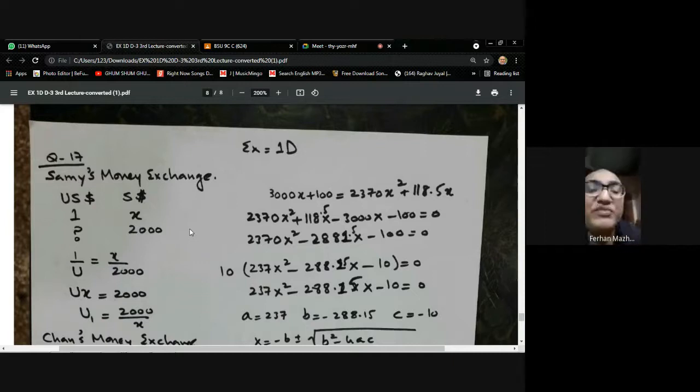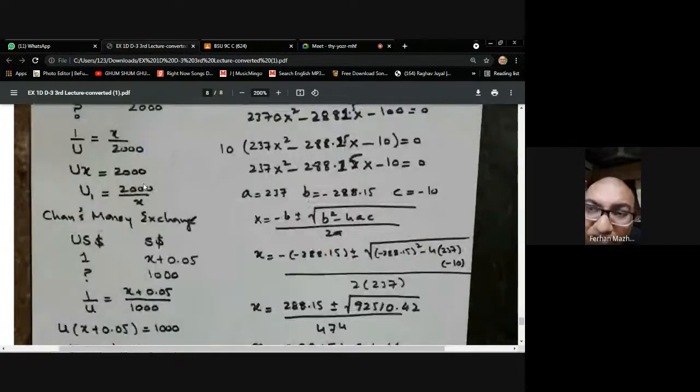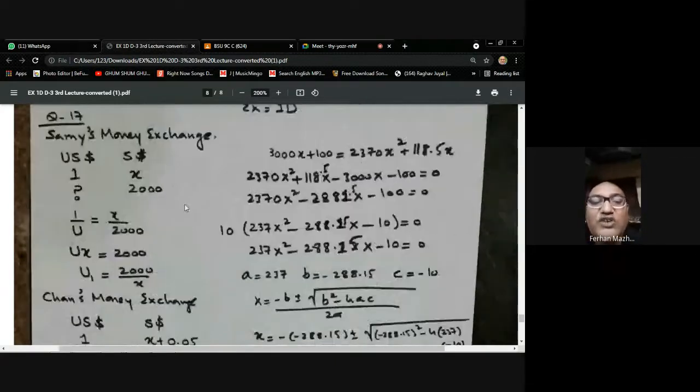How much money will she get in US dollars? This is the question mark. I'm using the process of proportion. I will write 1 by U, as I want to find US dollars, equals X divided by 2000. Cross multiply it, and U will equal 2000 divided by X. This is how I found how many US dollars she will get.